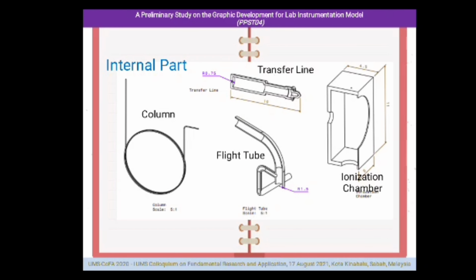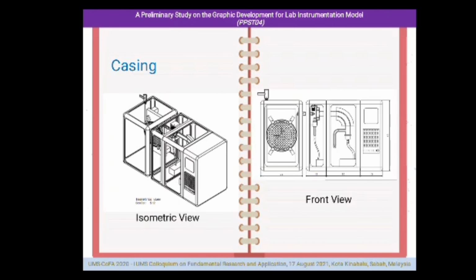The internal parts are the column, flight tube, transfer line and ionization chamber. All these parts are very important for the student to know how this instrument works, so they can really see it visually and easily visualize how the process happens inside the instrument.